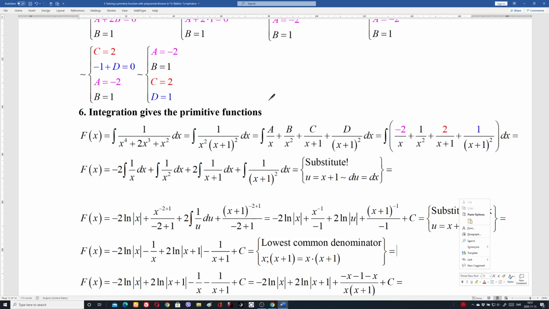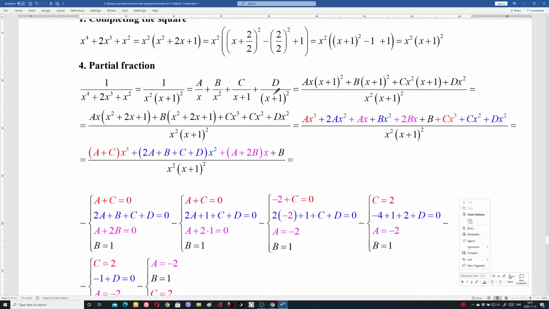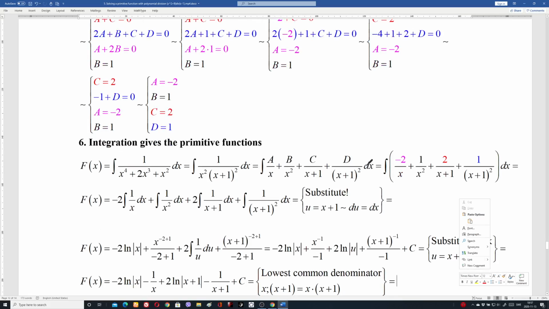When we did the partial fraction, we have this here, and we put here dx. And after that, when we're putting instead of A minus 2 here, instead of B 1, instead of C 2, instead of D 1 here, you see. This one is equal to this one.